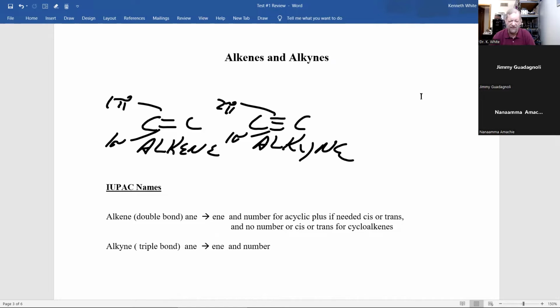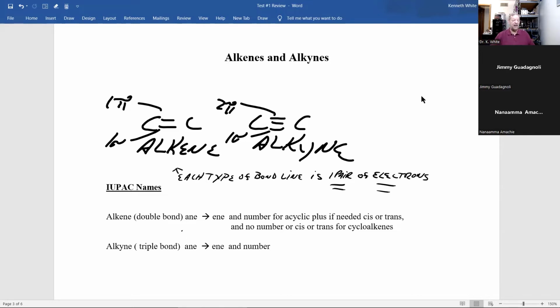And this is something you really should know, that each line is a pair of electrons.